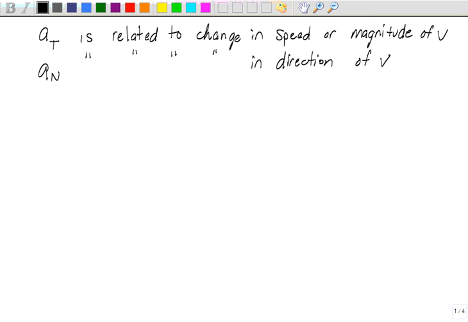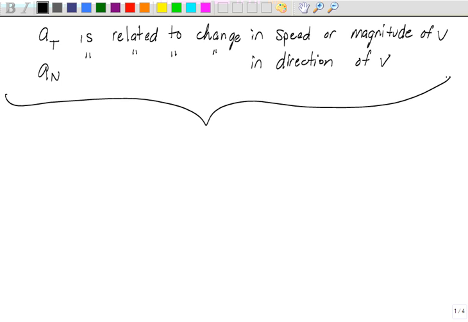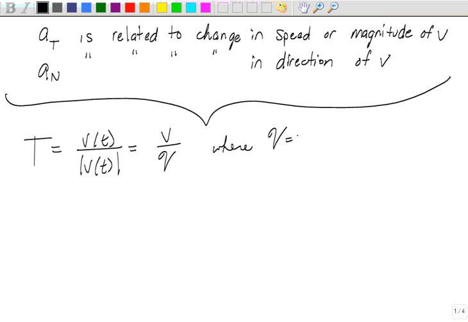Okay, let's get some alternative formulas for these two things so we can find them in the future. We know T is v of t over the magnitude of v of t. So we'll say that's v over script v, where script v is the magnitude of v, which is the speed.